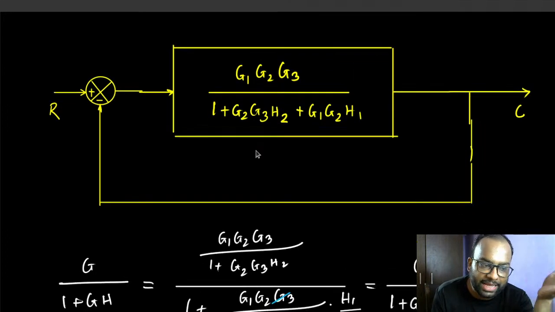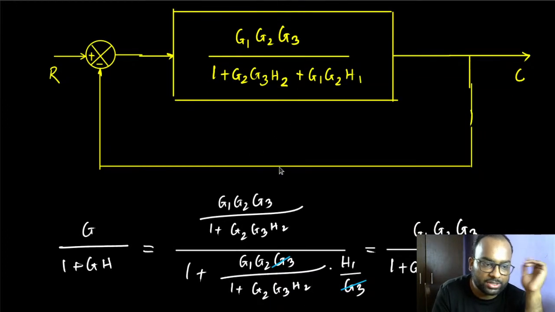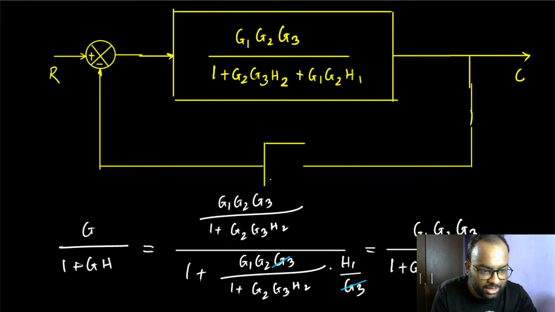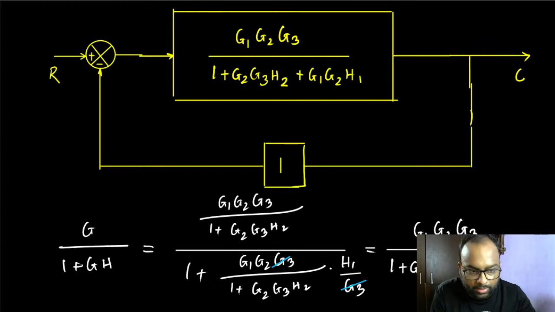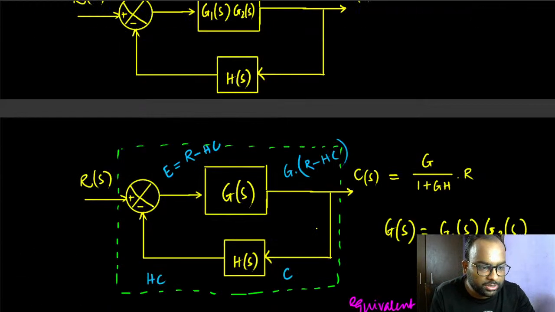And now we have a single feedback loop where there is no transfer function here. But if I don't have any transfer function here, question is, can I assume that we actually have a transfer function whose gain is just 1? That way, whatever signal comes in here, exactly the one that goes out of that. So that's the transfer function, which is equal to 1. Okay. So let's go back to our topologies first, once again.